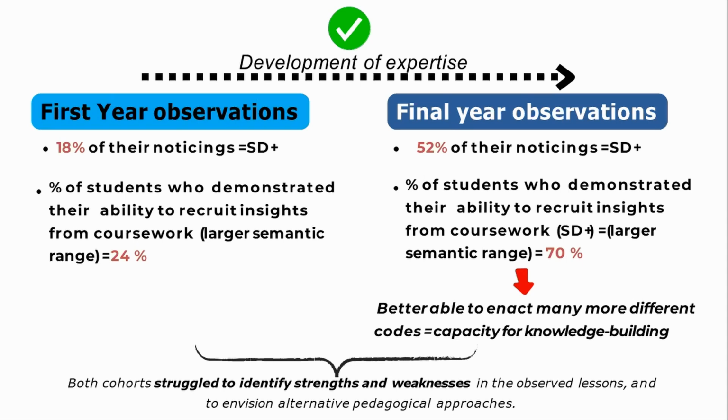But I still remain concerned about the 30% that couldn't see complexity in practice or articulate how theory related at fourth year level.